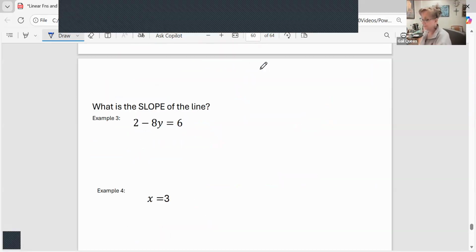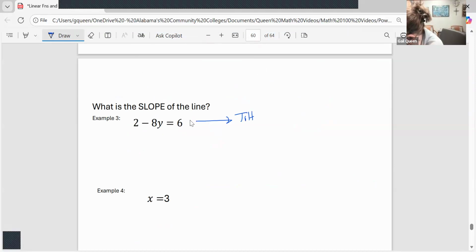Okay, next example. What is the slope of the line? Y'all, don't make this hard. Is this tilted, horizontal, or vertical? What do we got here? It's what your brain should be thinking. Look carefully at this equation.